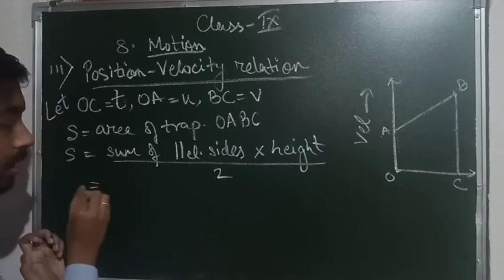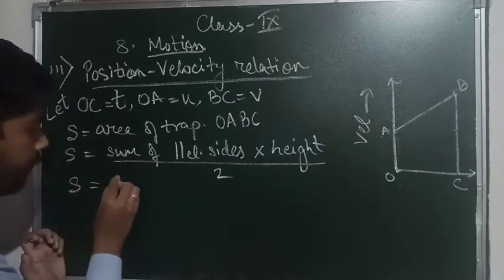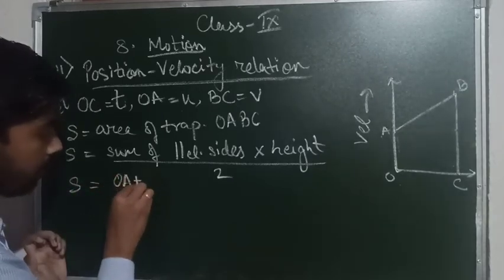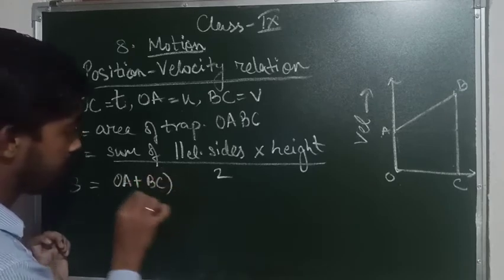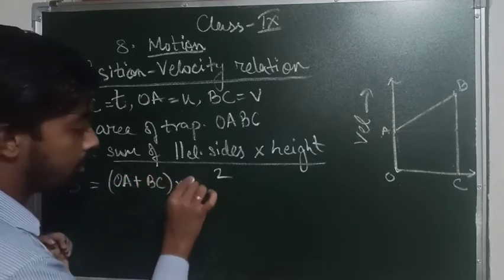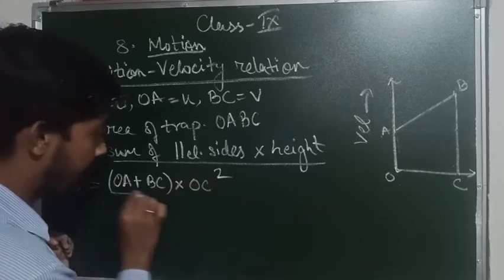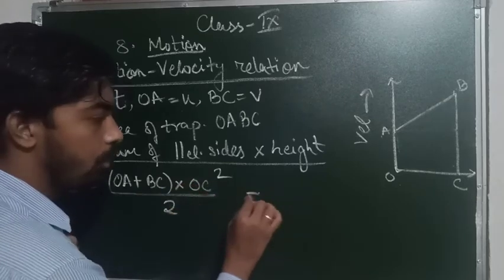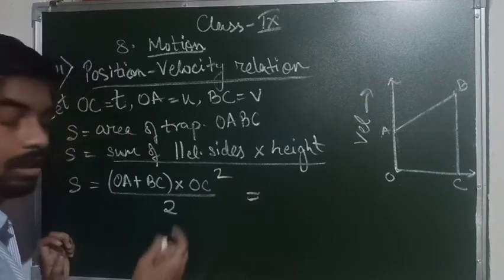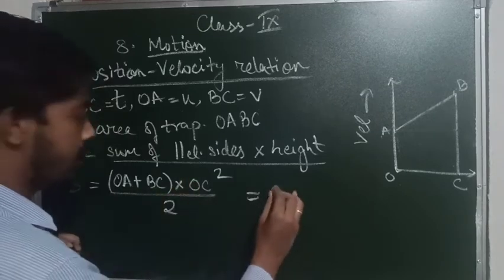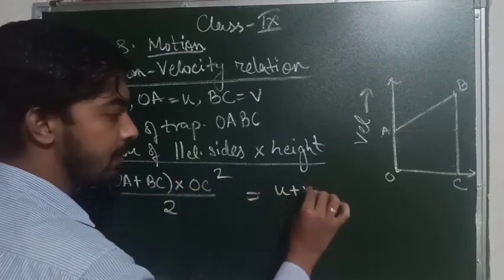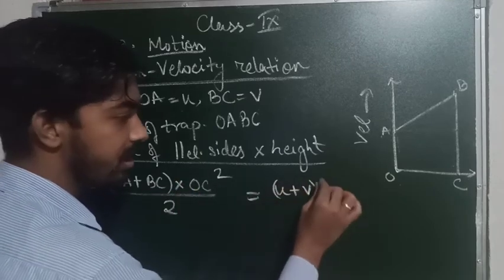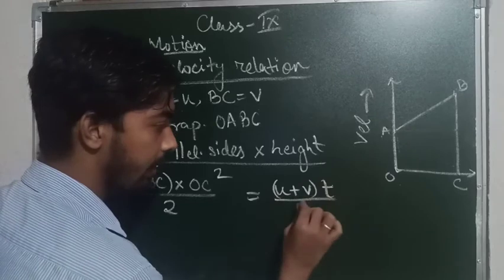So here the parallel sides are OA plus BC into the height OC divided by 2. We will be substituting the values. OA is U plus BC is V and OC is T, divided by 2.